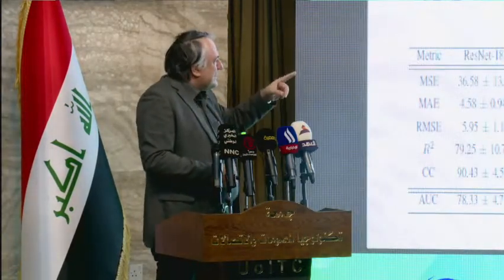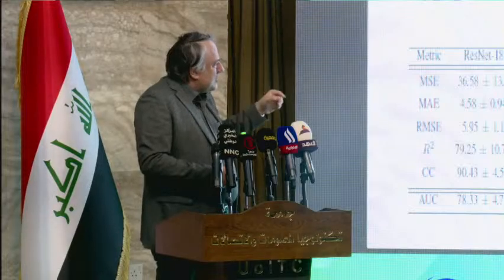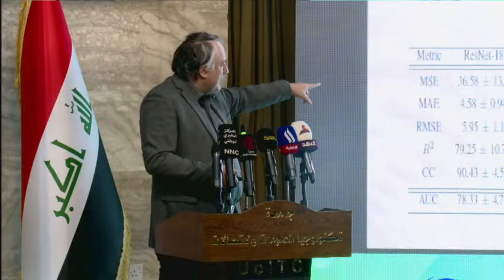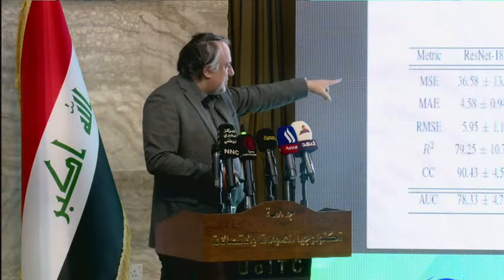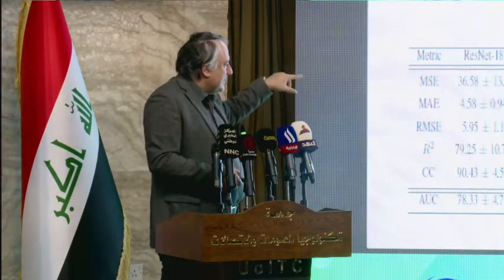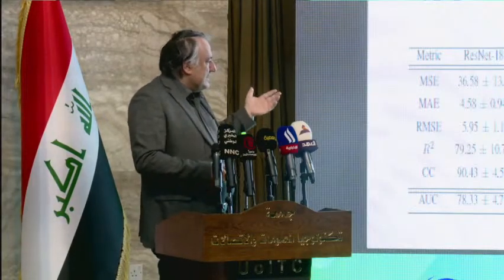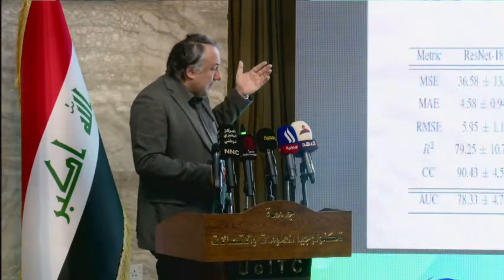You can see that with a convolutional neural network, an LSTM, and an attention layer, we could achieve a better mean square error and estimate the depth of anesthesia score with very high accuracy.